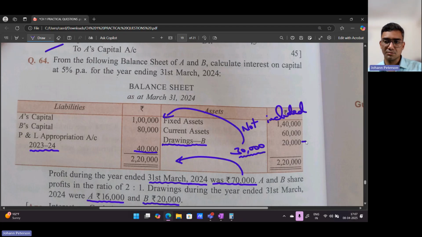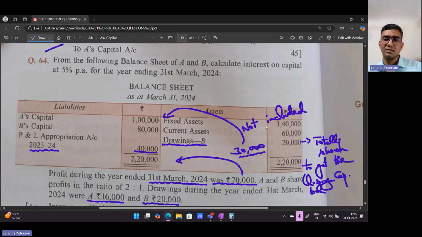This is totally shown, included in getting the closing capital balance. So therefore, A's drawings is the one that has to be mentioned.